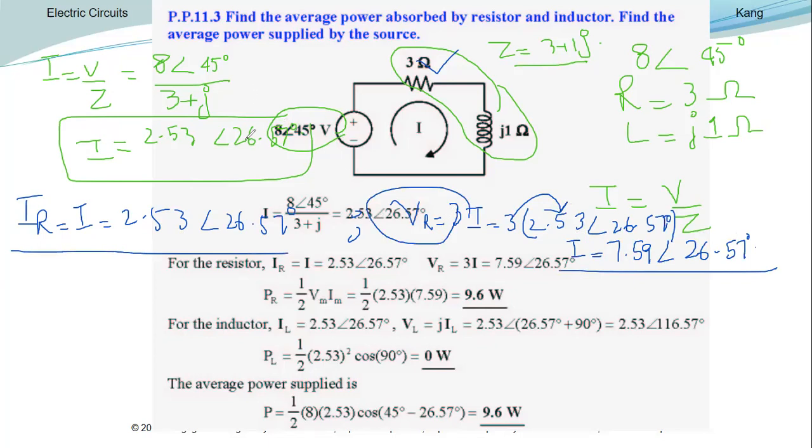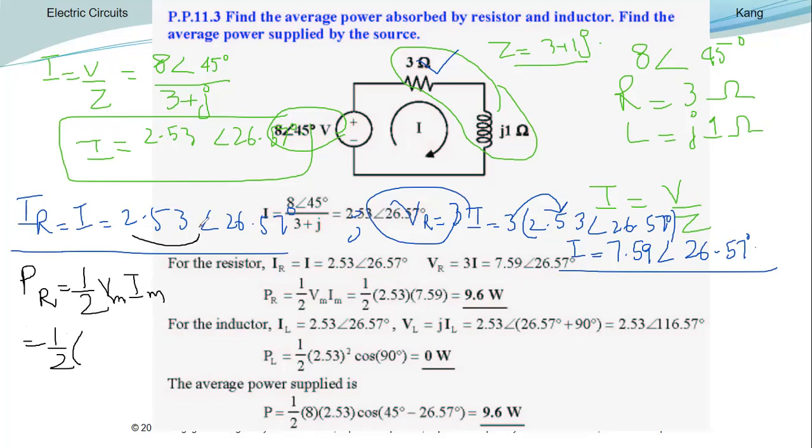Now I have to find the power value for the resistor. So PR will be half VM IM. So half, VM value equals to this one, VM and IM values.